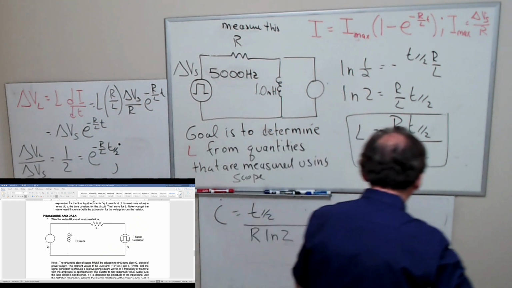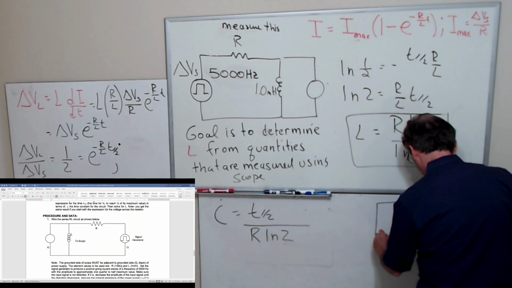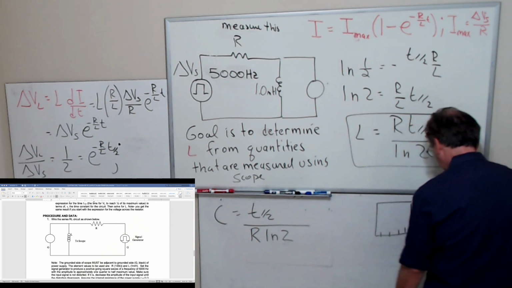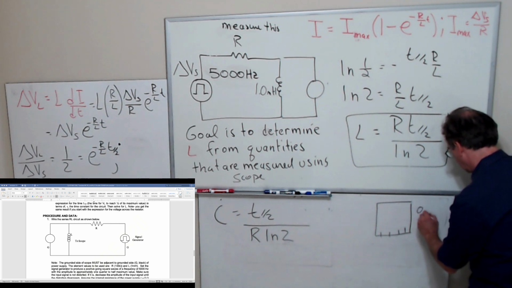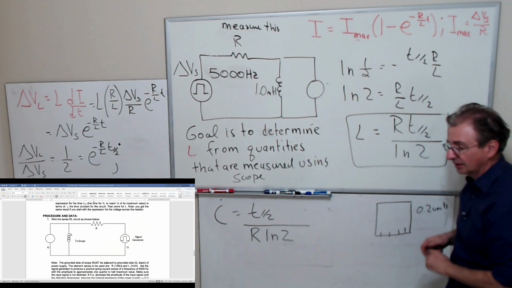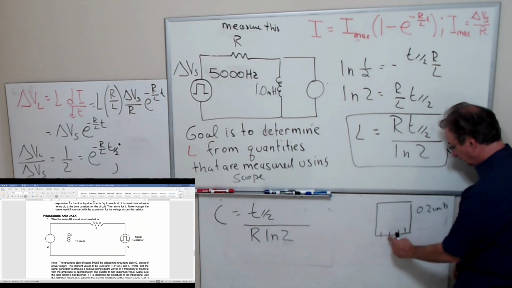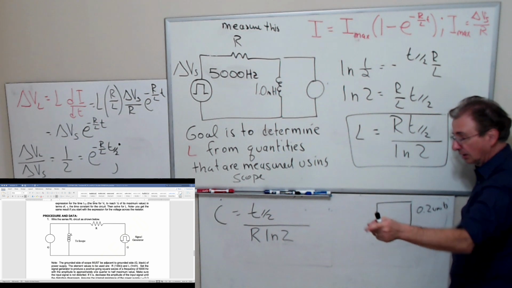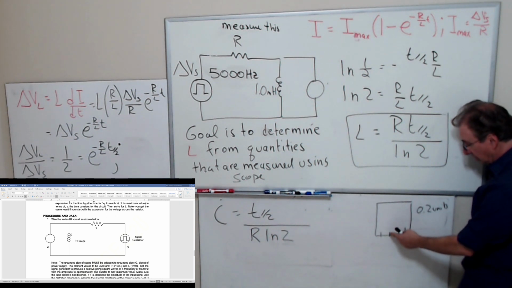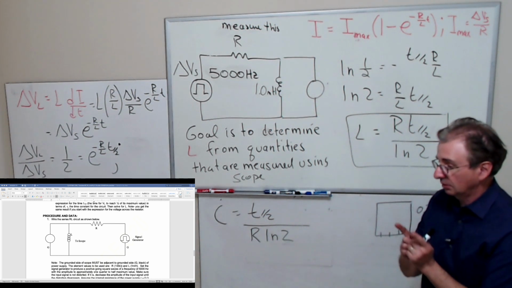Well, here's a grid, right? Each grid is 0.2 units. So what does that correspond to in time? Well, it's 0.2 times the time scale. To within how many grids can you measure a time?